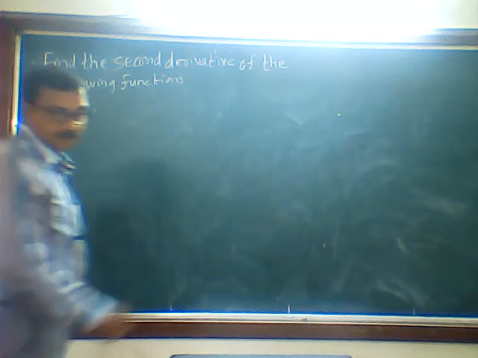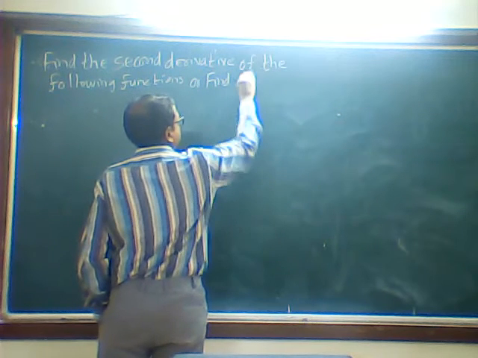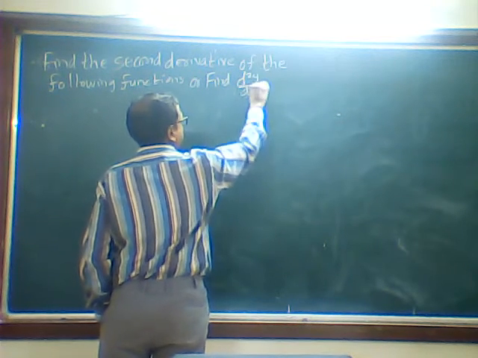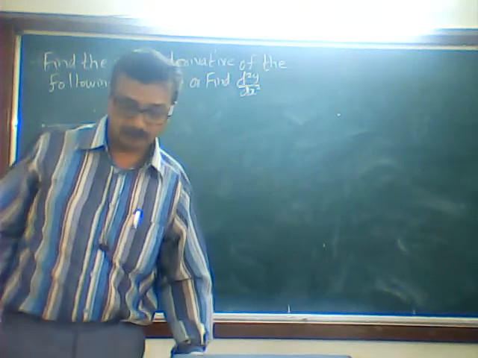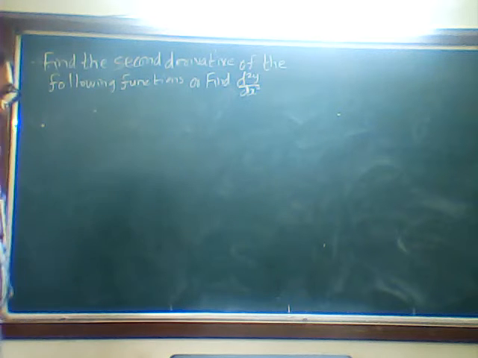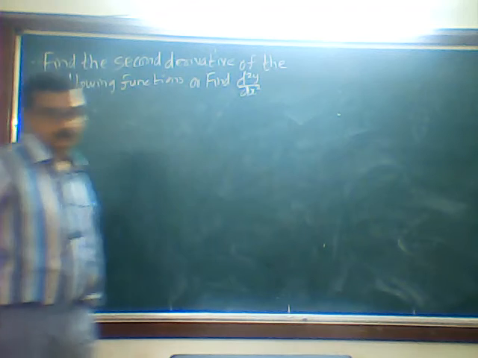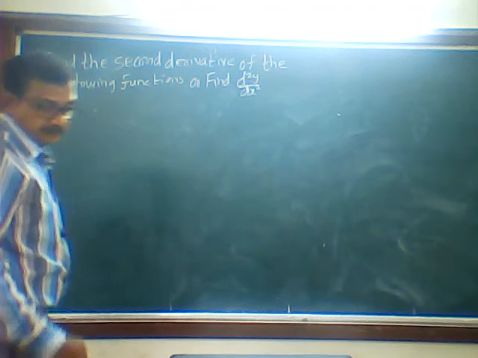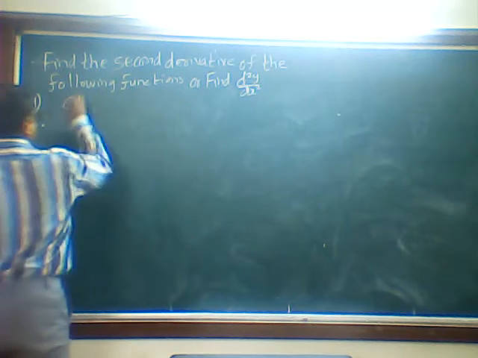Or they ask you this way, find d square y by dx square. Last class I have done the 2 columns. Okay, no problem. Again I will do the same problem. First one: find d square y by dx square of ax cube plus bx square plus cx plus d.